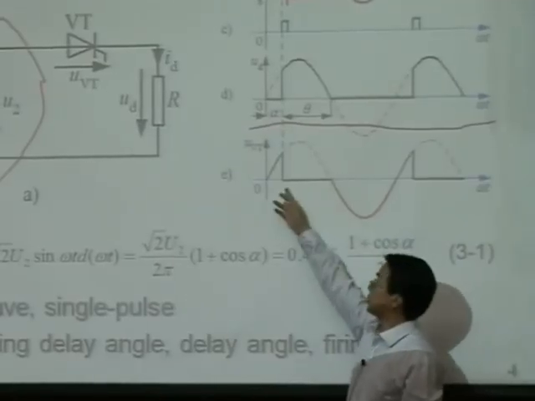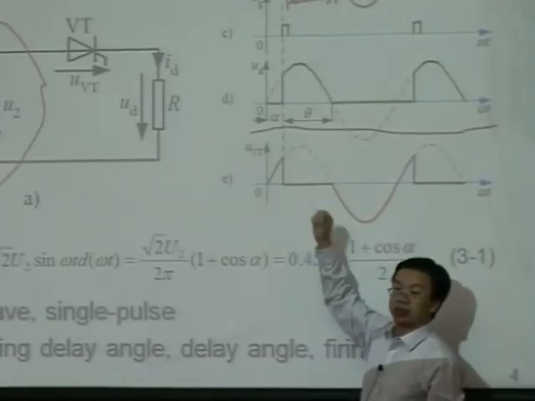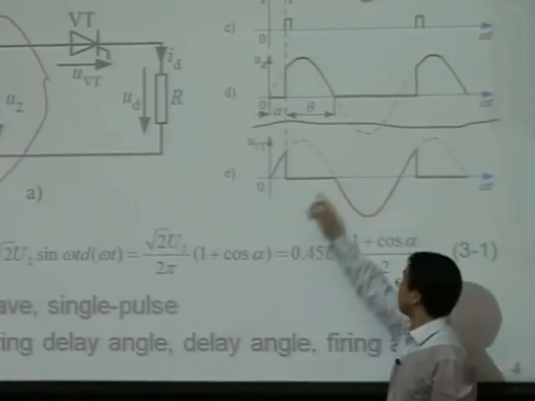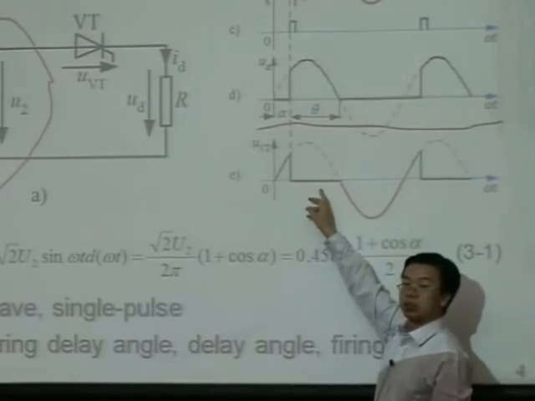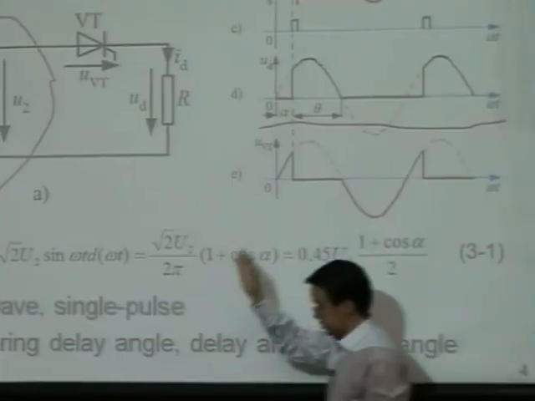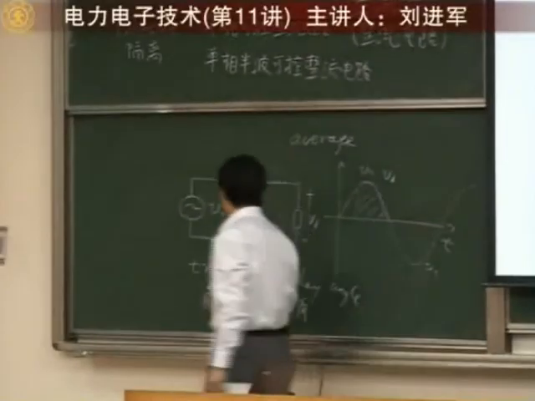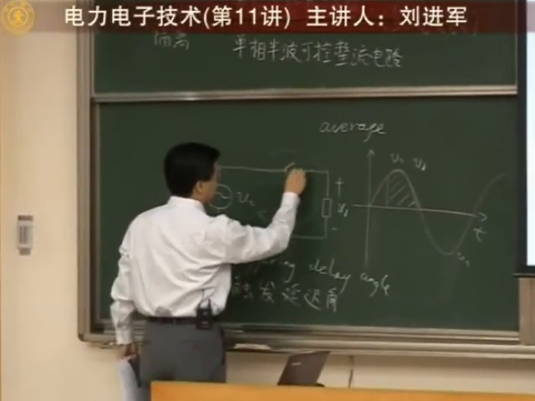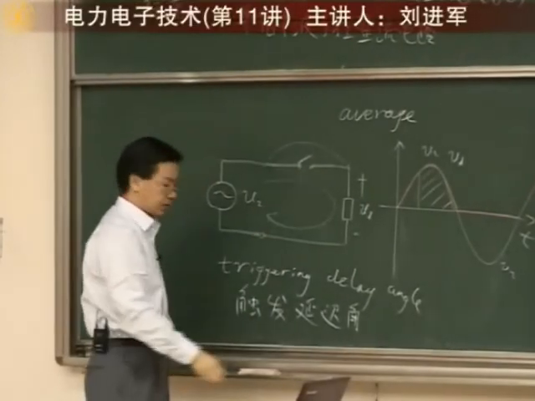When you turn on the thyristor, the voltage across the thyristor will be nearly zero because it's turned on, equivalent to a short circuit. And when there's no current flowing through the thyristor, it is turned off. Therefore, it is blocking all the voltage, so all the input voltage will be applied across this thyristor.